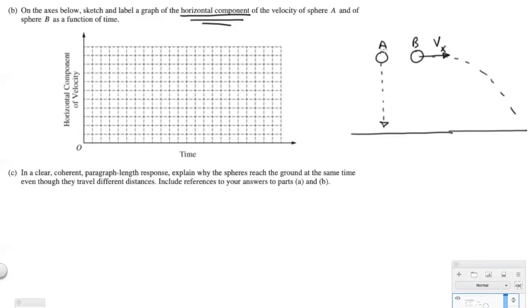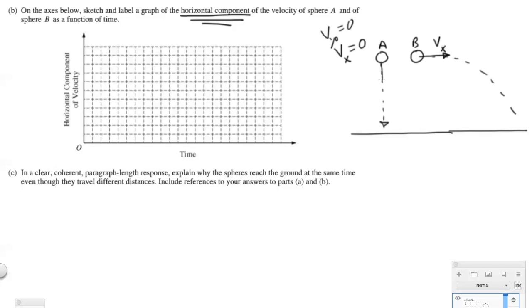Sphere A does not start with x or y. So we could write that down. For sphere A, there is no horizontal velocity initial, and there is no vertical velocity initial. As sphere A falls to the ground, at no point does it gain horizontal velocity.